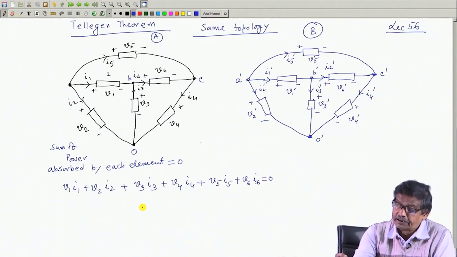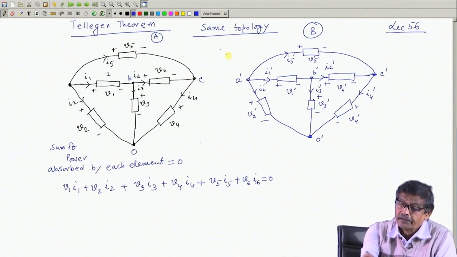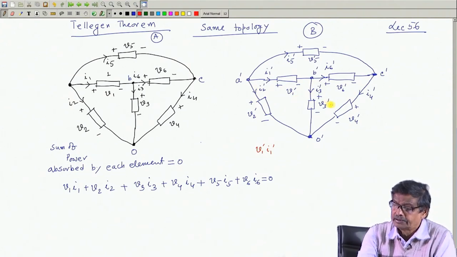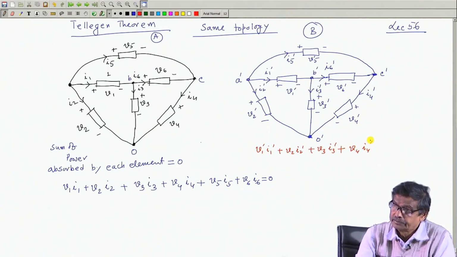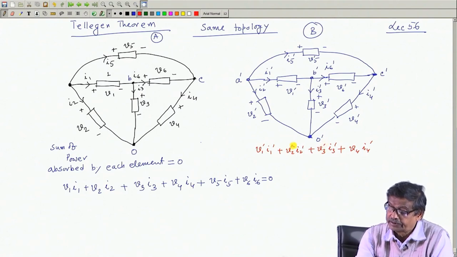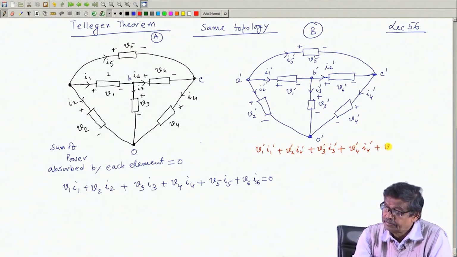Similarly, in this network separately, the only thing is these numbers have been replaced by primes. Therefore, for network B, a similar equation will be V 1 dashed I 1 dashed, all the elements are absorbing power, that is how I have assigned the directions, plus V 2 dashed I 2 dashed plus V 3 dashed I 3 dashed plus V 4 dashed I 4 dashed plus V 5 dashed I 5 dashed plus V 6 dashed I 6 dashed.